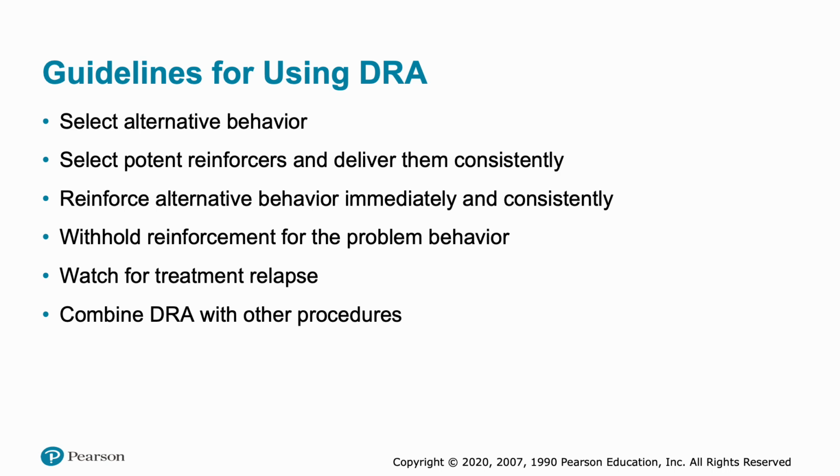You want to make sure that you are selecting a potent reinforcer and delivering it consistently, that you're reinforcing alternative behavior immediately and consistently, that you're withholding reinforcement for the problem behavior, that you are careful with treatment relapse, just as you would with extinction. You have to be concerned with resurgence here, and that you are combining your DRA with other procedures if necessary or if appropriate. And then if you are designing a DRI intervention, you just want to obviously make sure that the alternative behavior is an incompatible behavior.